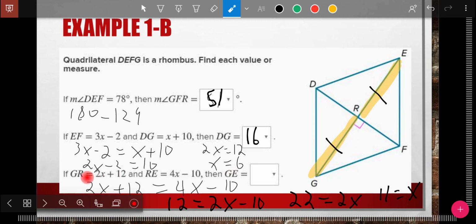GR is right here. 2x plus 12. Well, x is 11. So what's 2 times 11? 22. Plus 12 is 34. So that side's 34. Well, they're congruent. So that side's 34. This side's 34. So what is the whole thing? GE. 68.